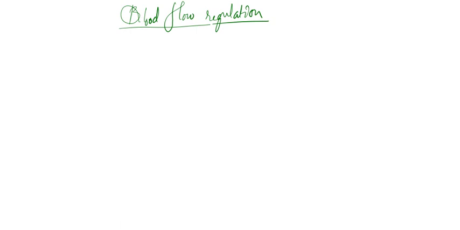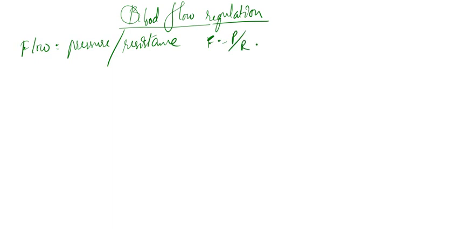Flow is equal to pressure by resistance. Okay, F is equal to P by R. See, remember these formulas, it will be helpful in the examination. Flow is equal to pressure divided by resistance.